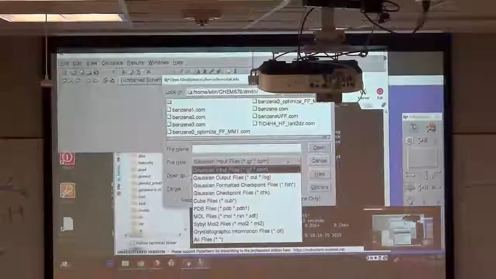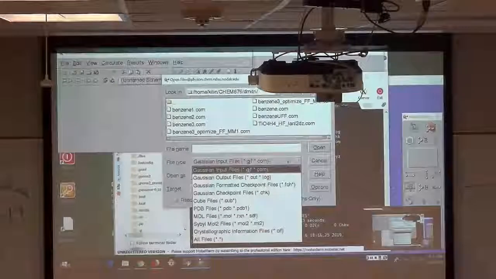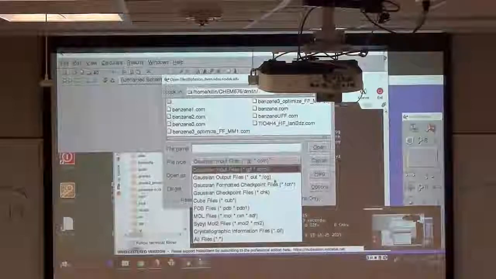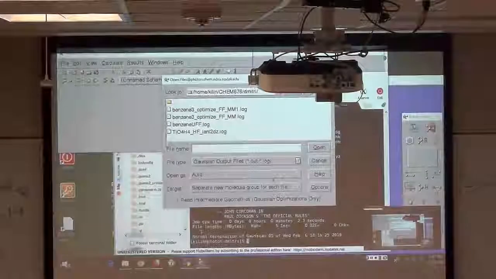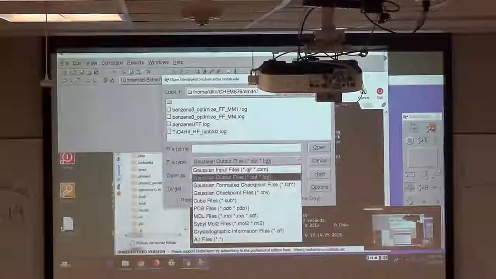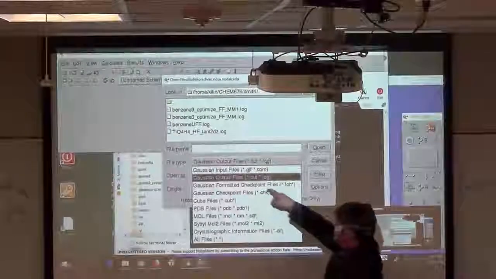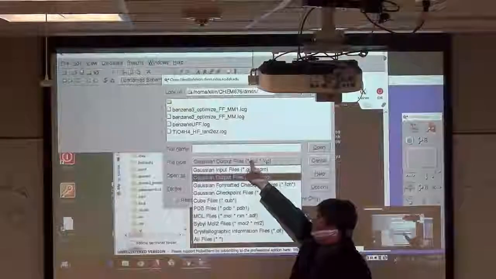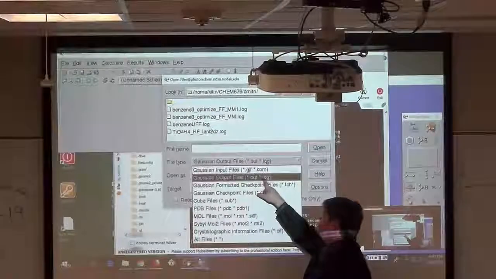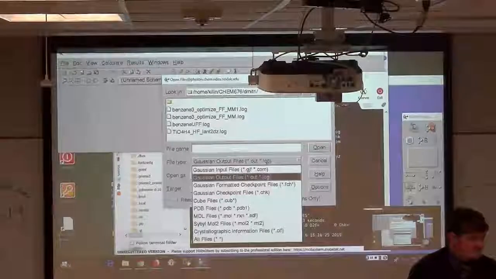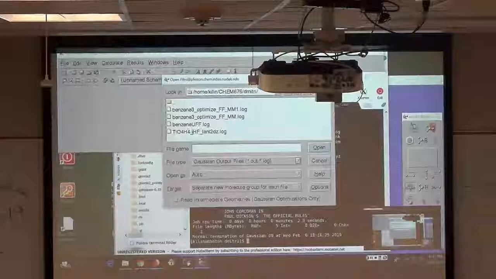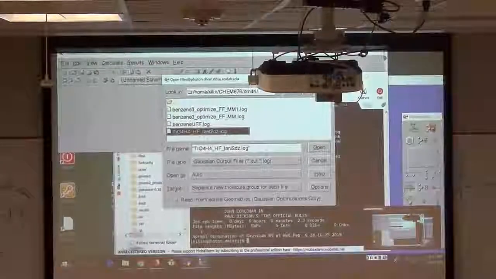I know that we could do everything in the integrated way, but we slowly need to depart from it because we will need to do larger systems. So you will not see your output file unless you change the type of the extension, right? So change it to the log, and then you will see your output file.